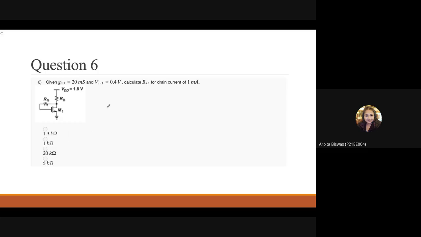See, what we know is GM equals twice of ID by VGS minus VTH.